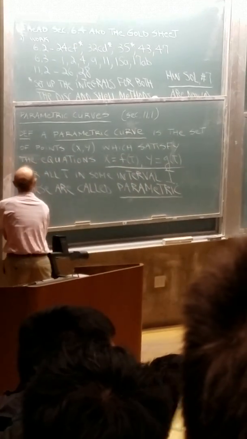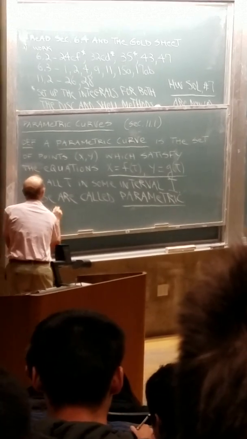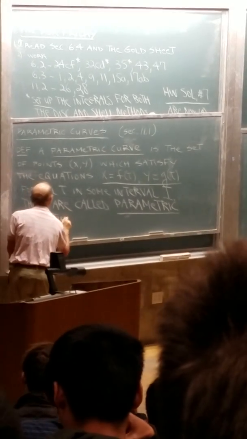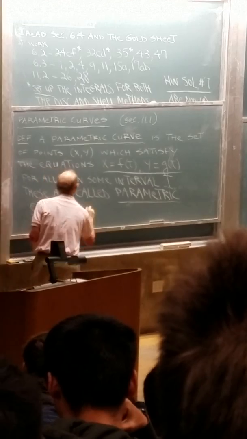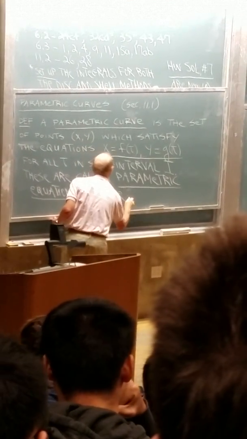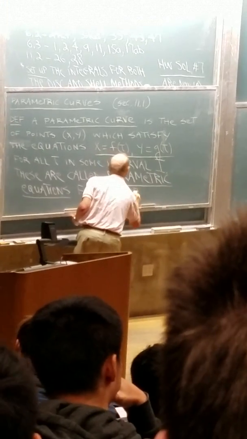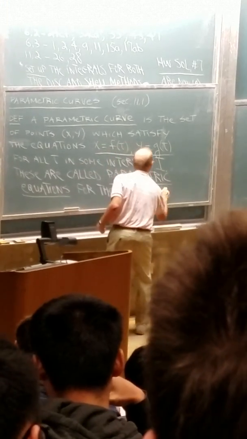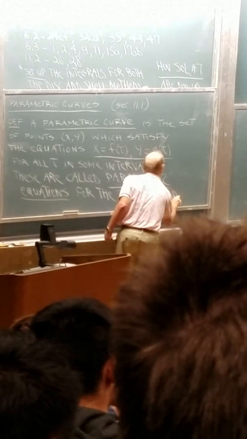These are called parametric equations for the curve, and the variable t is called a parameter.